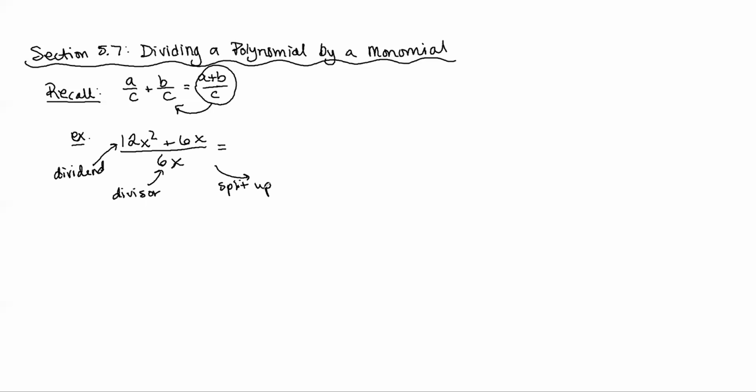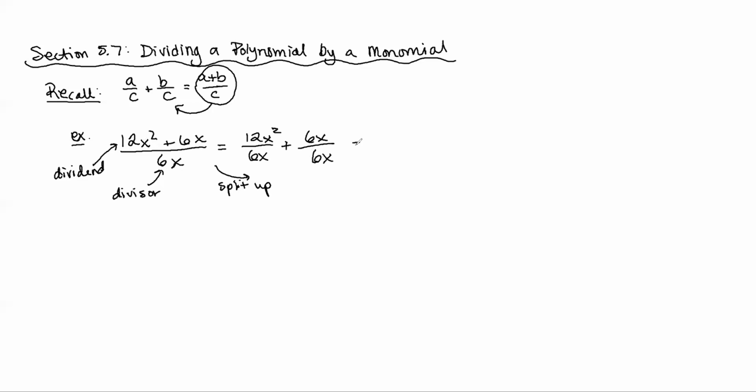So what we're going to do is I'm going to take the first term, this 12x squared, put it over the 6x, bring across whatever sign we have, so bring over this plus, and then we're going to put this 6x over the 6x. So if you notice, we just split this up. We took each of our terms on the top, made them into their own fractions with this divisor. And if we wanted to add these two together again, we still have a common denominator and we could bring it back here. So always double checking that you didn't change the denominator at all.